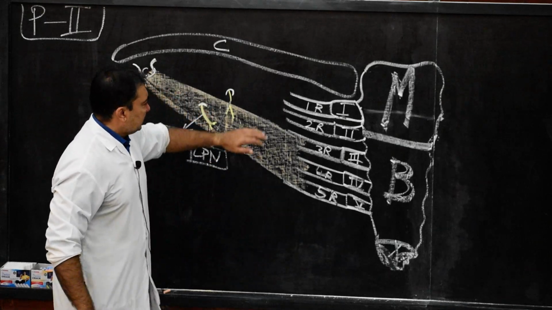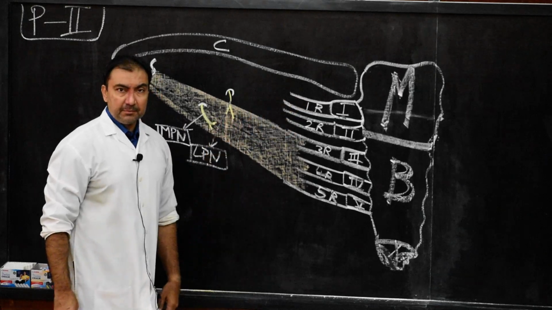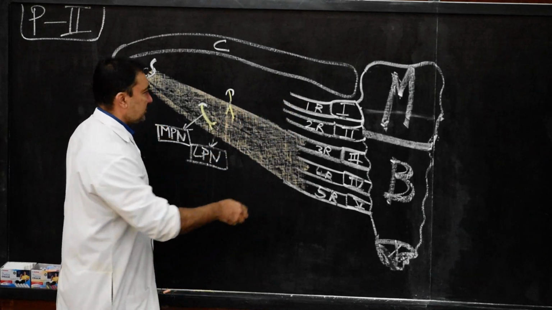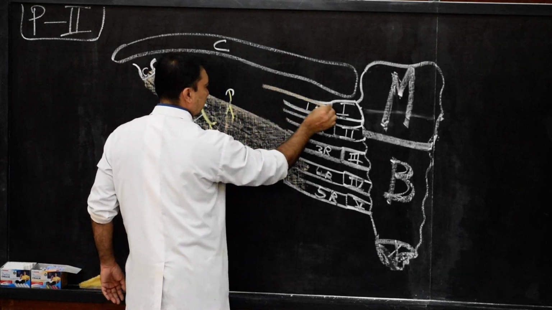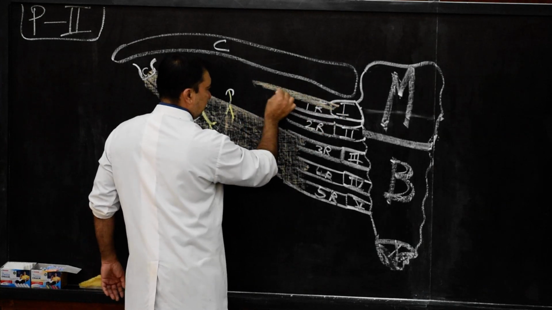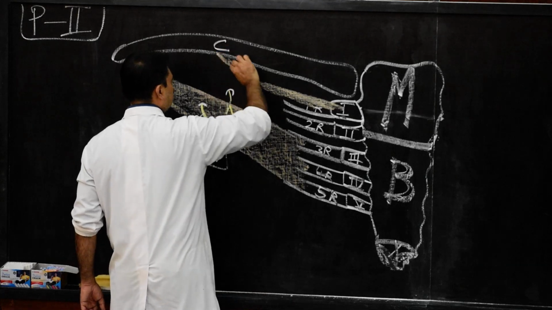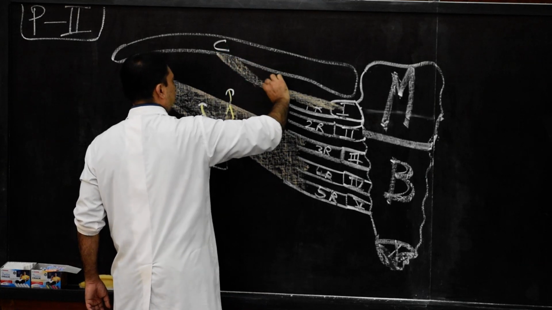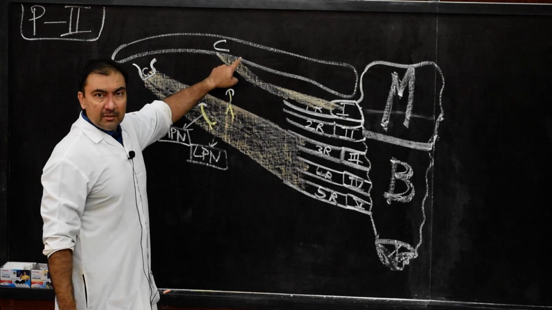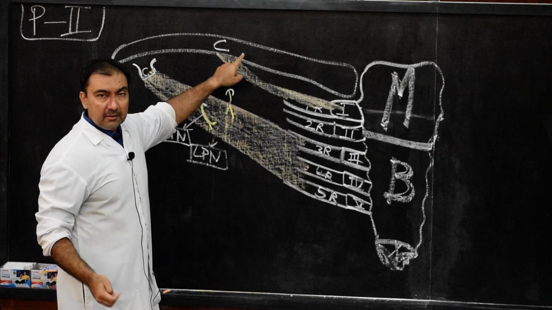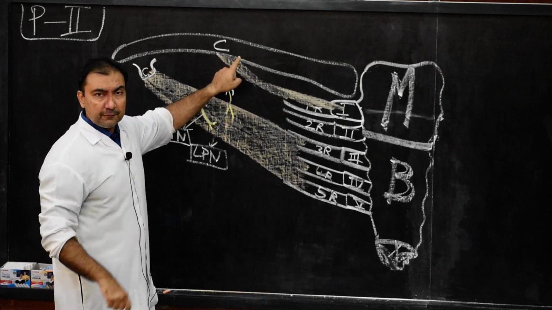Now coming back to subclavius. It takes origin from the first rib and its first costal cartilage, and it is going to be inserted on the middle of the under surface of the clavicle, or the middle of the inferior surface of the clavicle.